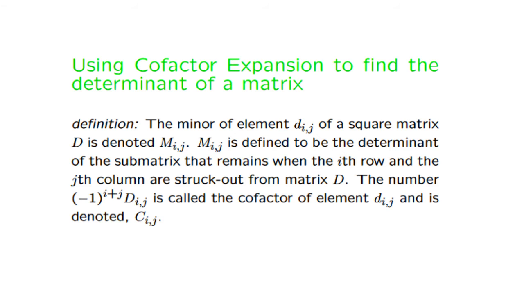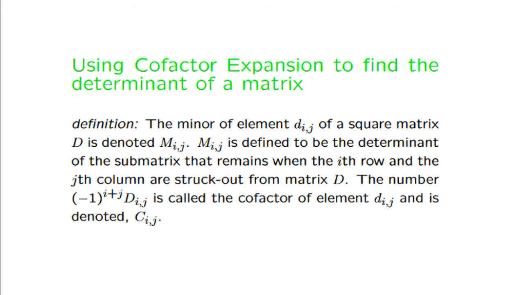We're going to call our matrix D in this situation, and then the minor is going to be denoted with an M, and then the same subscript, the indices that we used on the element itself that we're interested in. So we're looking at the minor being subscripted ij.